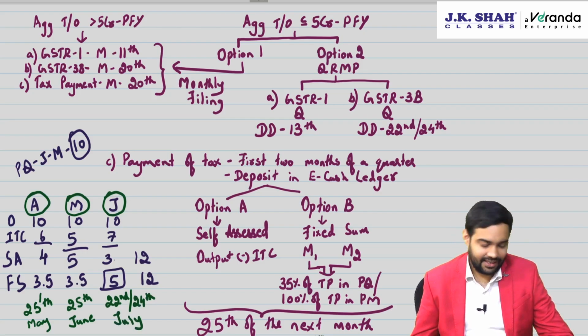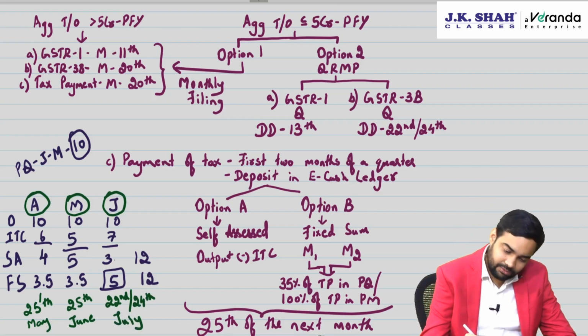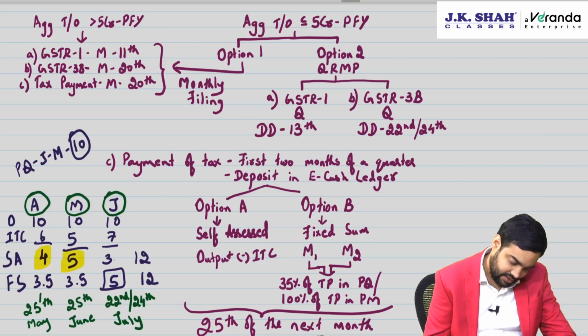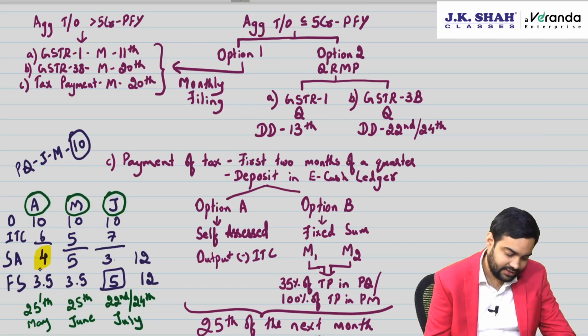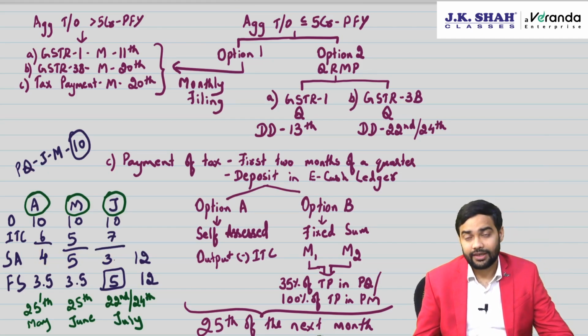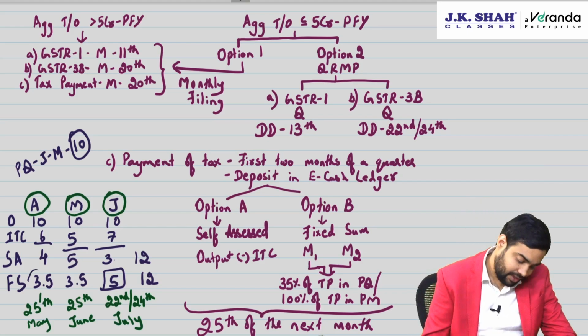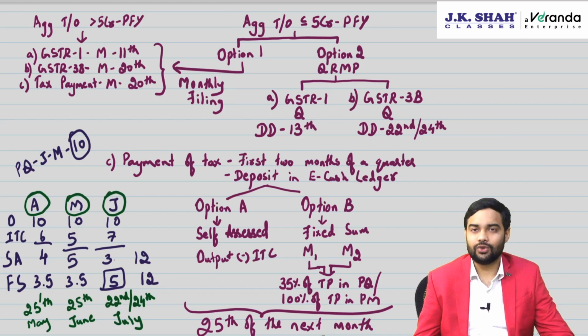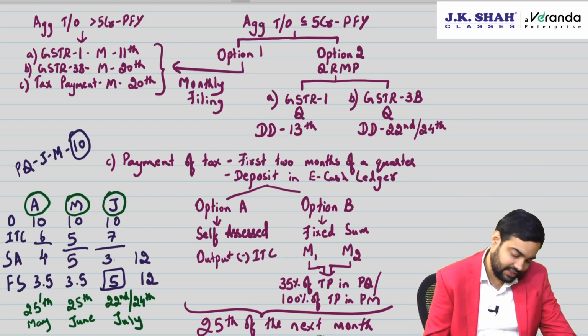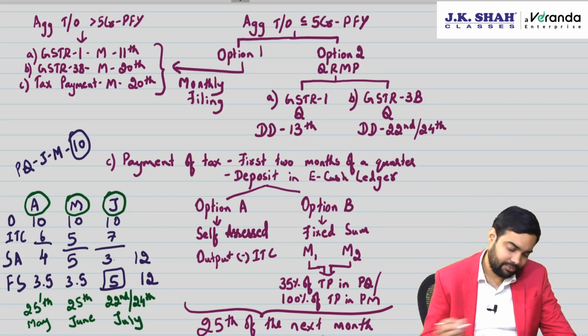Correct? Okay. Now, say suppose I pay this much. No interest. But if the liability is 4, but I pay 3 under self-assessed, whether interest will apply? Obviously yes, on that 1 rupee. Fixed sum, if I pay 3.5 and 3.5, no interest will apply even if there is a shortfall compared to the actual amount. So see, the liability is 4, but I end up paying 3.5.